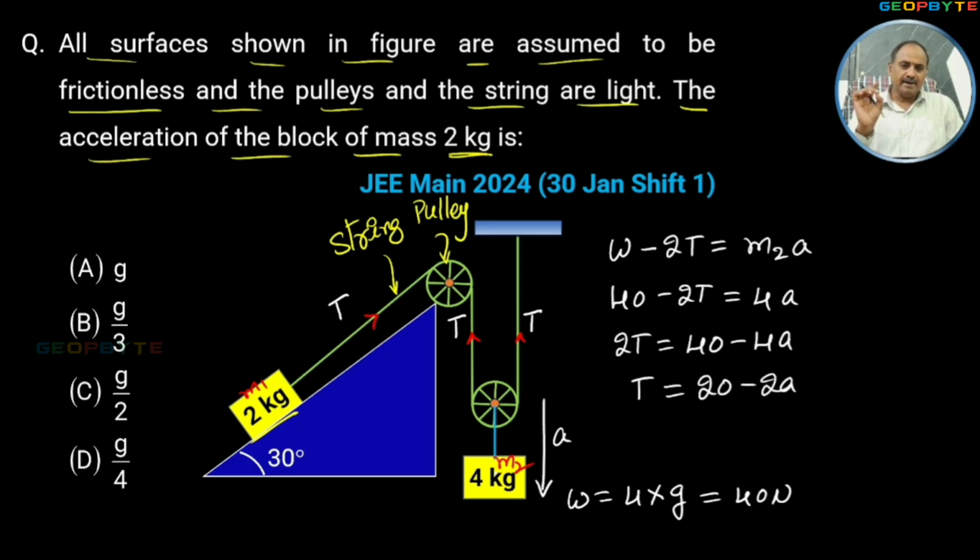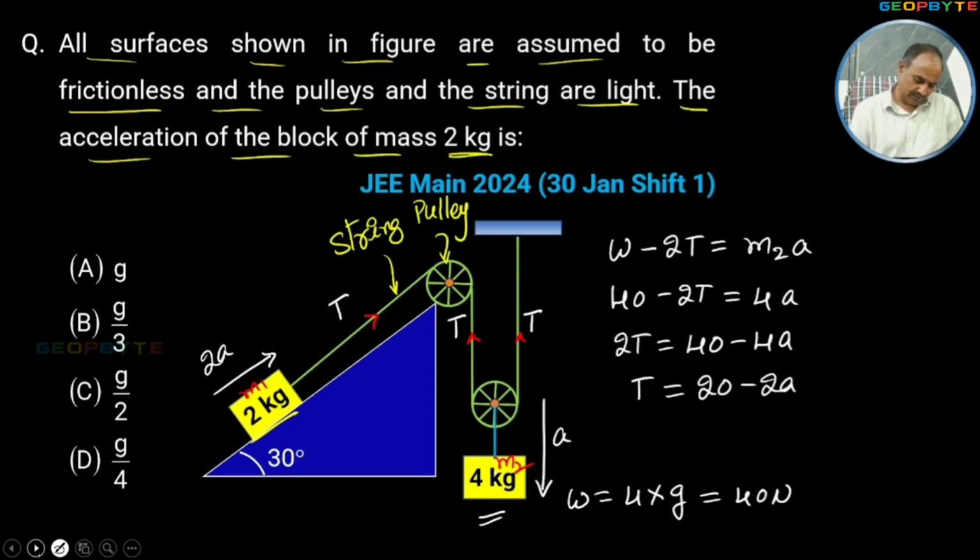Okay, look at the diagram. The 4 kg mass is moving on both sides of the same string, whereas the 2 kg mass is moving only in one direction. Therefore, if A be the acceleration of block 2, 2A be the acceleration of block 1, that is 2 kg. You are asked to decide the acceleration of the 2 kg block, that is 2A, not A. For that, let us take the surface.